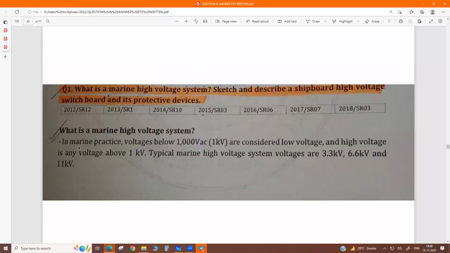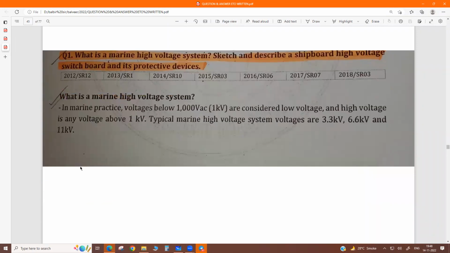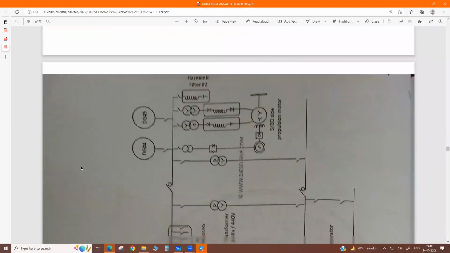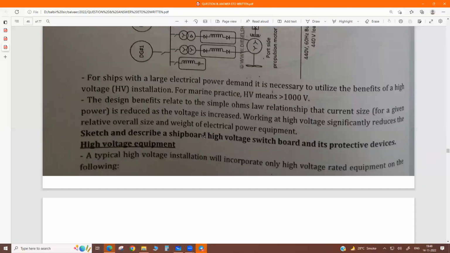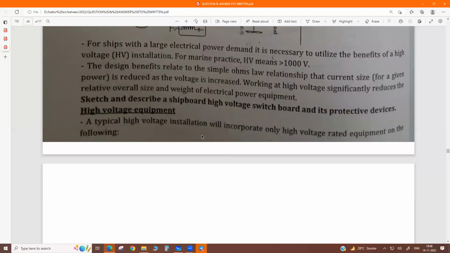In marine, high voltage is greater than 1000 volt, like 6.6 kV, 3.3 kV, 11 kV. These are high voltage, but we use 6.6 kV on board. In DC, 1500 volts. Yeah, 1500.